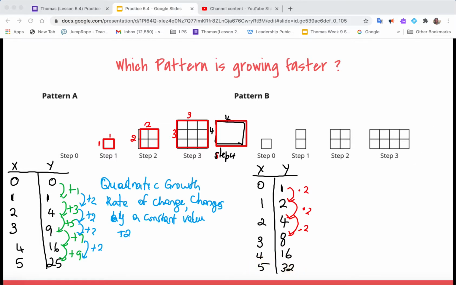All right, so we've established the total number of squares for the fourth and the fifth step. And because we have a constant growth factor of times 2, we know that this is showing exponential growth.